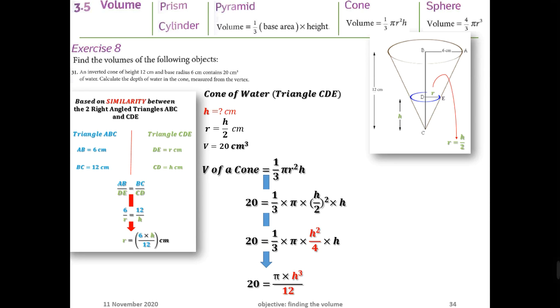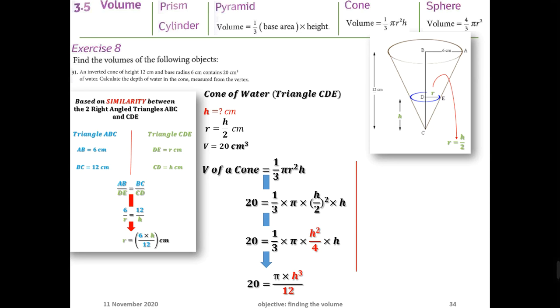And if you go to the denominators, 3 times, remember, pi over 1. So 3 times 1 is 3. Then 3 times 4 is 12. And remember, the black h is h over 1. So 12 times 1 is going to be 12. So that's how it became pi h cubed over 12.